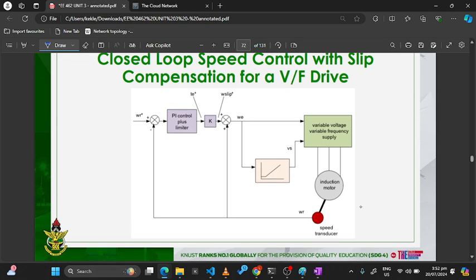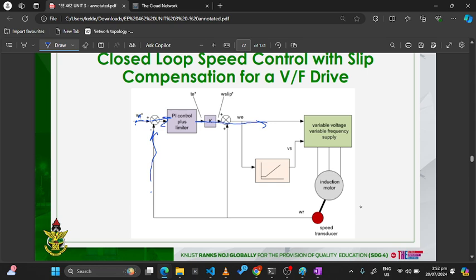So this is how the closed loop looks. Initially, we didn't have the speed transducer, or maybe a tachometer. We didn't have them here, so we were not having any feedback going here. It was just this going straight into this. So what happens is that there is a speed demand.